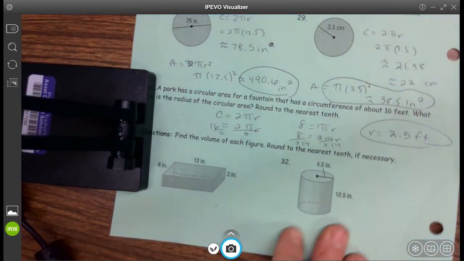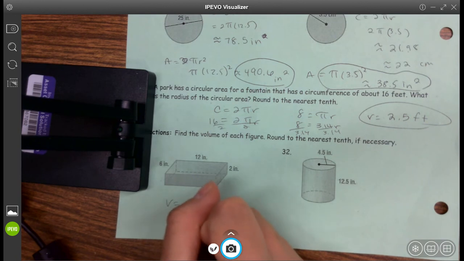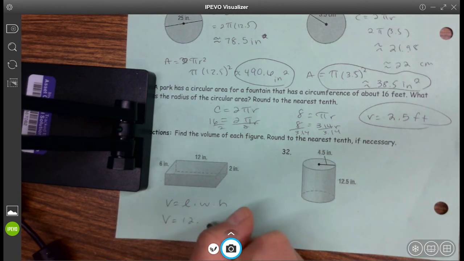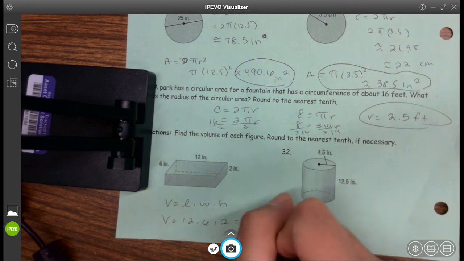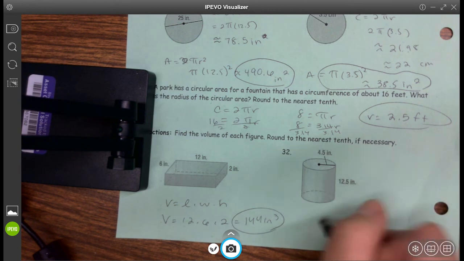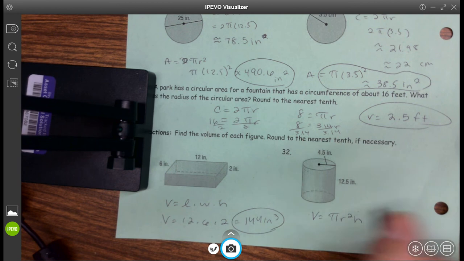Okay, here, let's find the volume of each figure. Well, here volume is length times width times height. The length is 12, the width is 6, and the height is 2. Even if you messed up the order, it wouldn't matter. You'd still get the same answer of 144 inches cubed. Over here, you find the area of the circle and multiply it by its height to find the volume. So the area is pi r squared, and then the height is h.